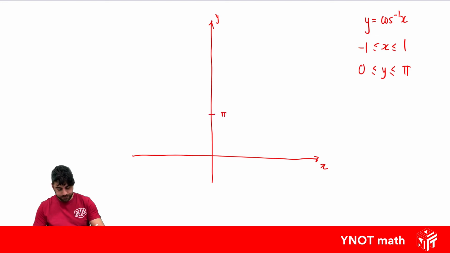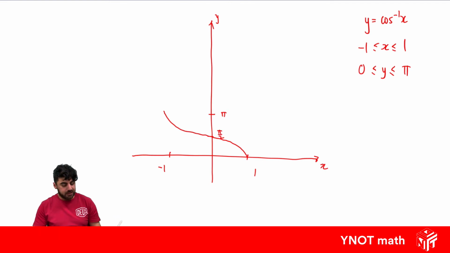Going from -1 to 1, we know this is going to look something like this, cutting through pi on 2 there.